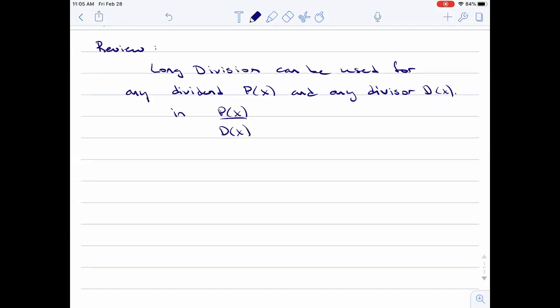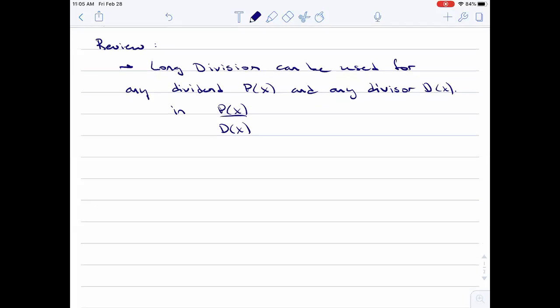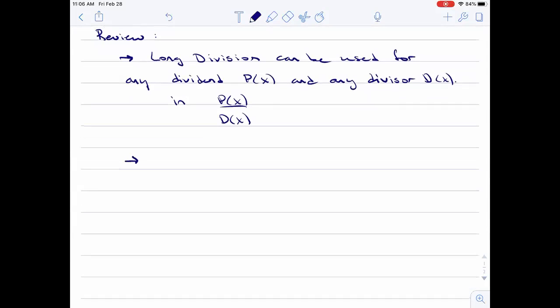Whereas for synthetic division, d of x is going to have to be in the form of x minus c.